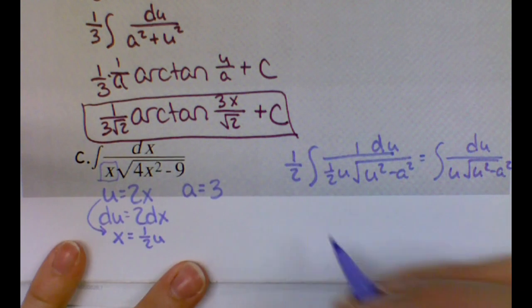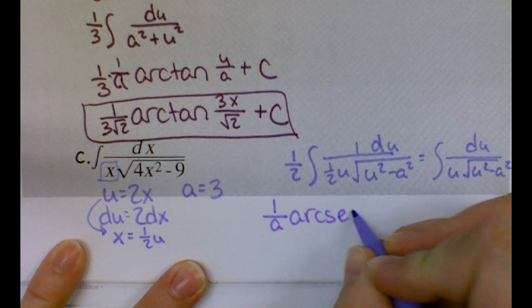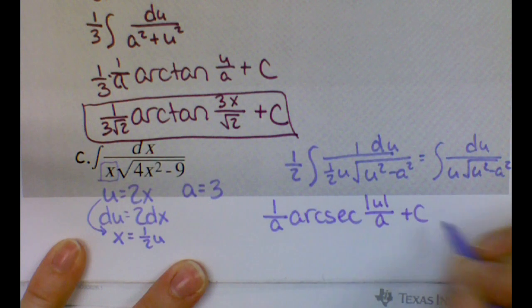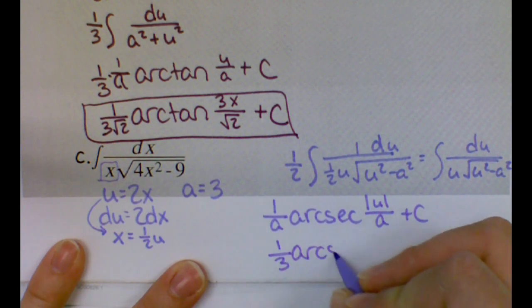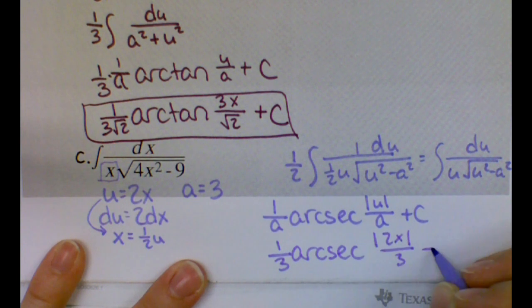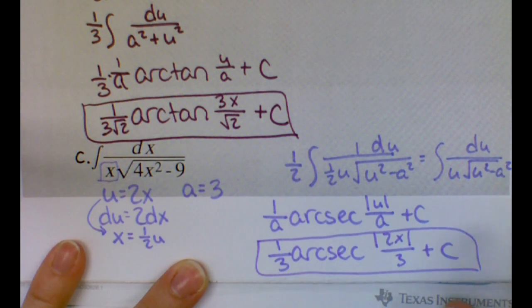We have 1 over a times the arcsecant of the absolute value of u over a plus c. Plug in my numbers. A is 3, u is 2x over 3 plus c, and there is our antiderivative.